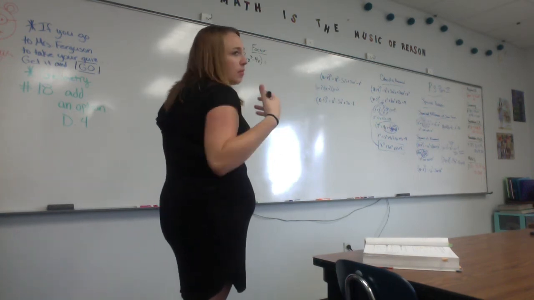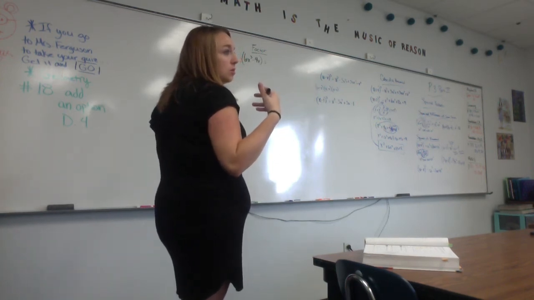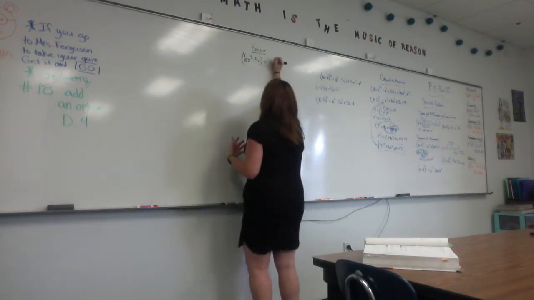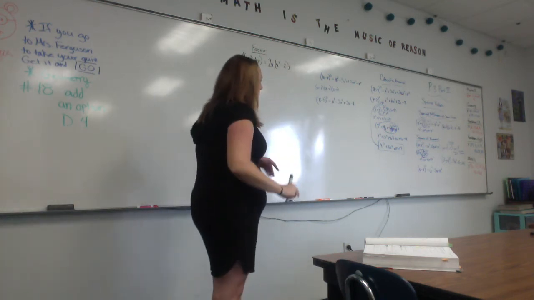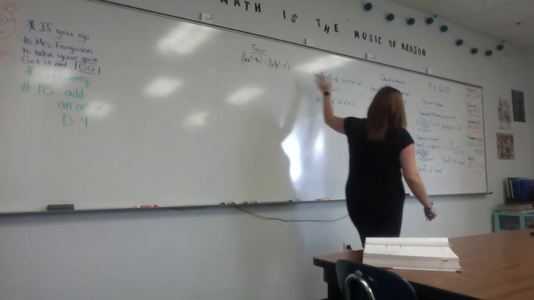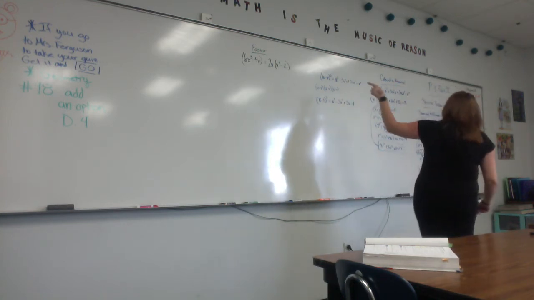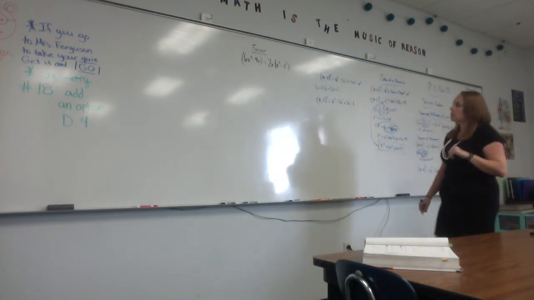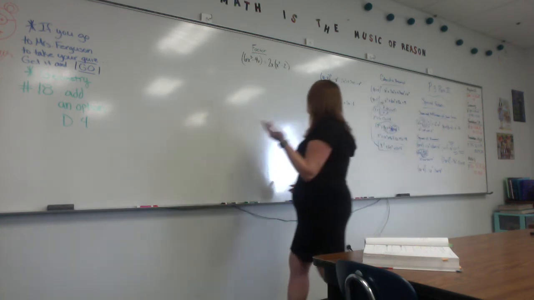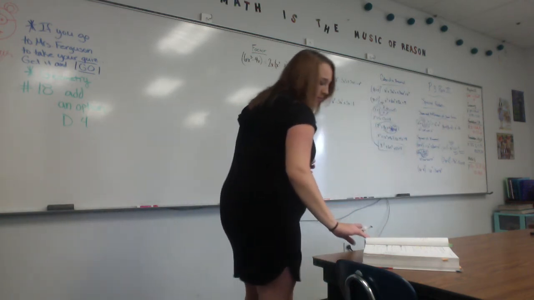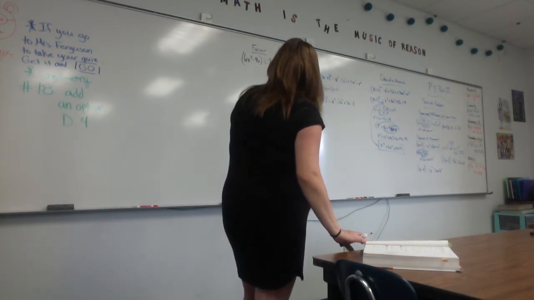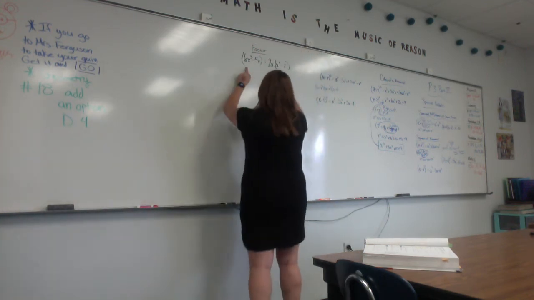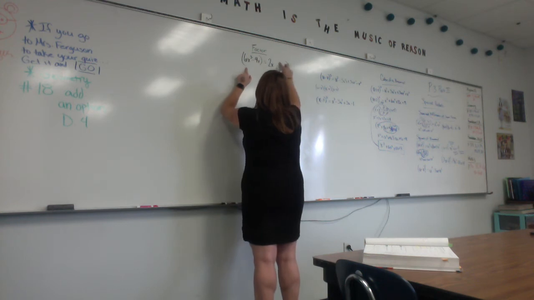What can you take out of both of them? 2x. So if I take a 2x out, I am left with x squared minus 2. It's not a difference of squares because 2 is not a square, is it? So is that as far as I can take it? Yes, that's as far as I can take it. Oh, I'm wrong. There should be a 3 right here. This is a 6.